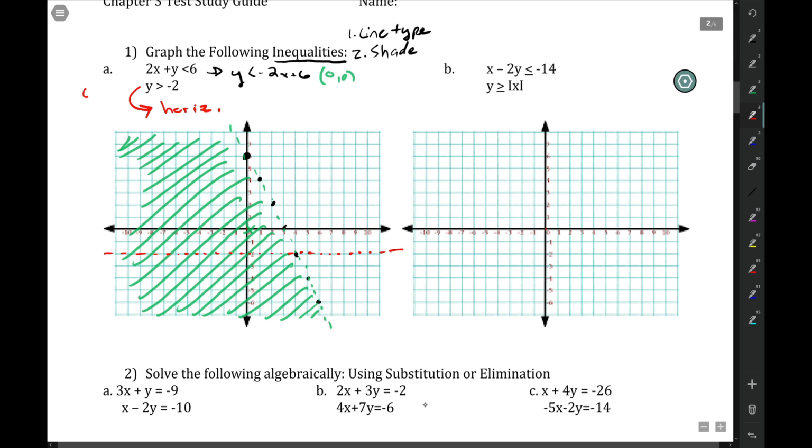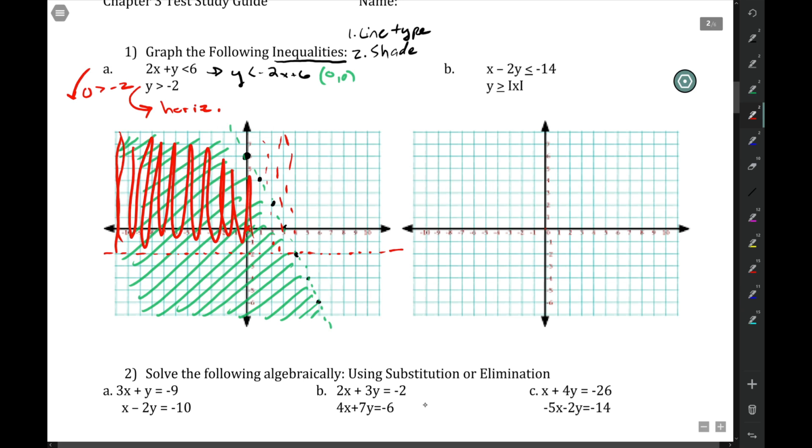So again, is 0 greater than negative 2? Yes, so I want that point, and I'm going to shade everything technically above it. So yes, 0 is greater than negative 2.